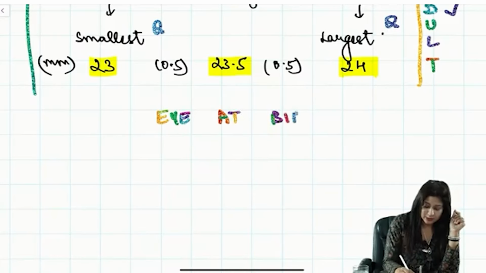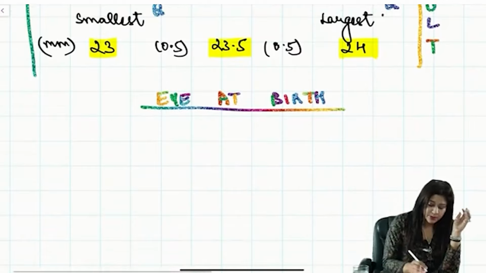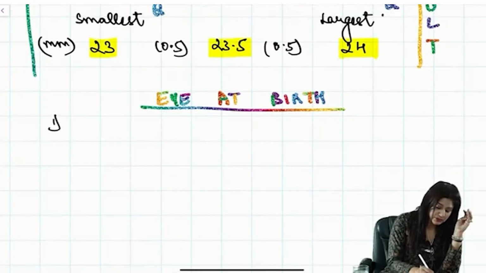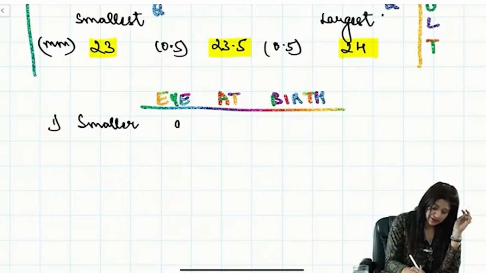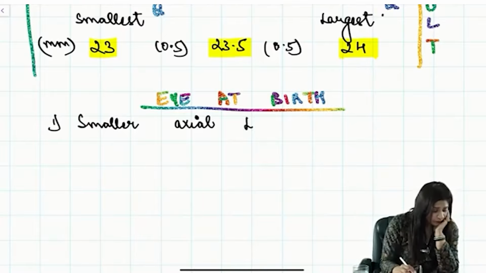Eye at birth. Number 1, it has a smaller axial length. Yes, Joy, you are absolutely correct.